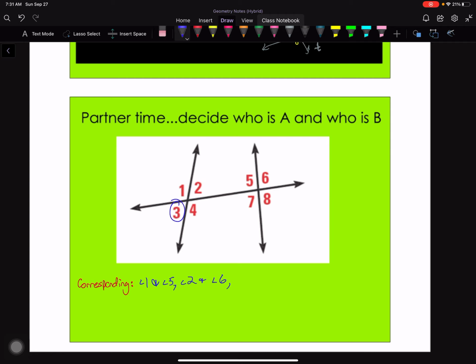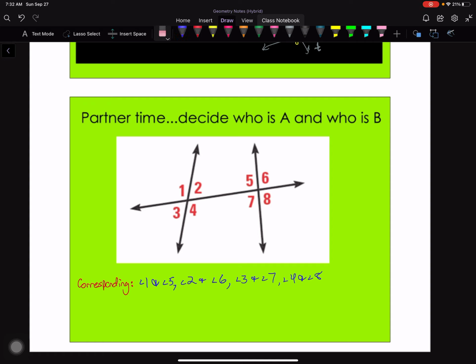We could say angle 3 and 7. Same position, different lines. We could say, last but not least, 4 and 8. Okay, so there we go. Those are all the corresponding angles.